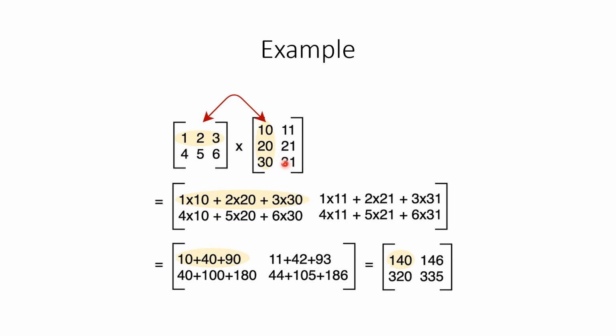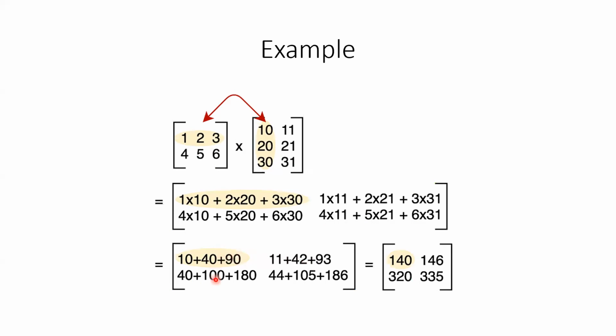Coming to multiplication, take the first row of the first matrix, take the first column of the second matrix, and multiply the respective elements, that is 1 into 10, 2 into 20, 3 into 30. Do it in a similar way for the other elements, and store the sum of multiplications.